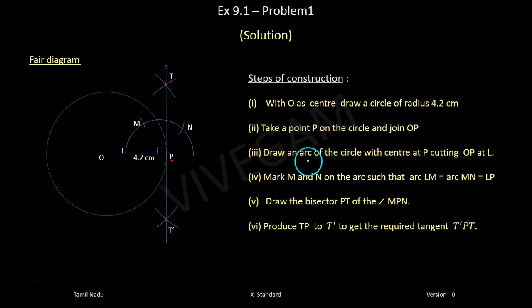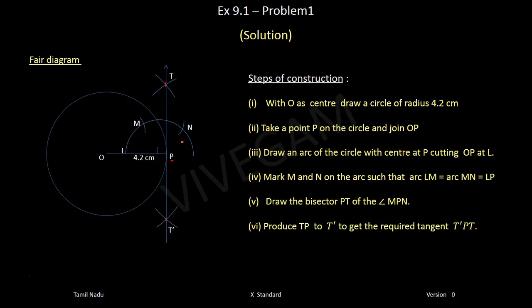Then draw an arc of the circle with center at P, cutting OP at L. With P as a center, we drew this arc, and that cut OP at point L. Next, mark M and N on the arc so that arc LM equals arc MN equals arc LP. So with LP as a radius, mark M and N.